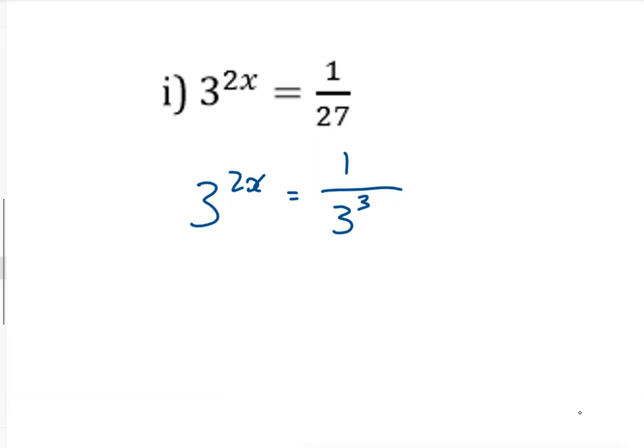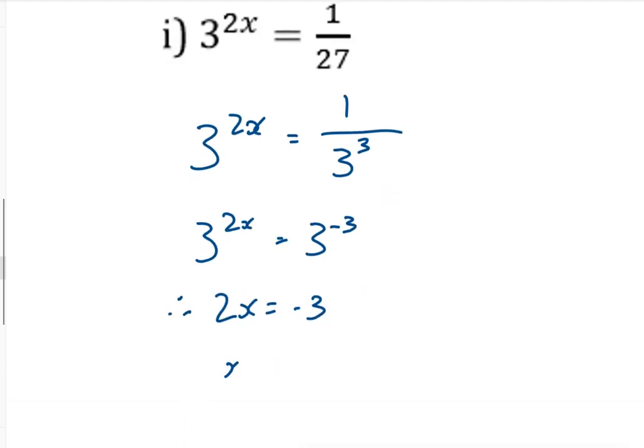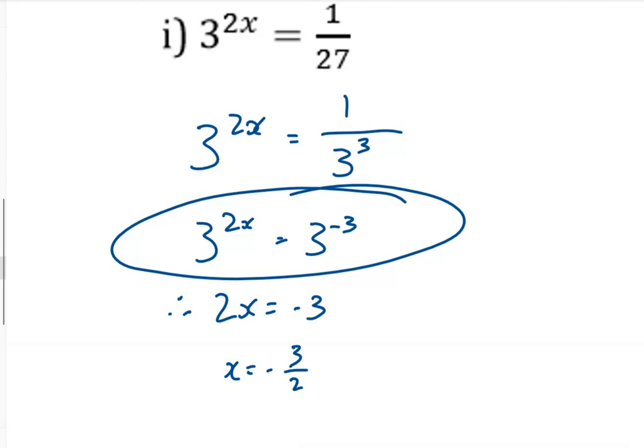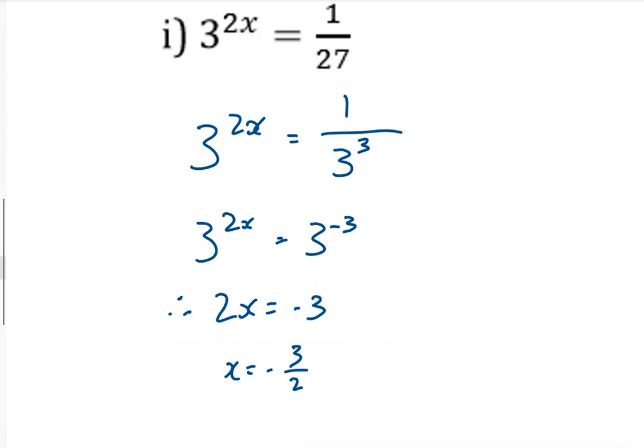It's 3 cubed. Bring the 3 up by putting a negative in front of the exponent. Now I've got 3 to the something equals 3 to the something, so the somethings have to be equal to each other, the exponents equal each other. Divide by 2 and we're done.